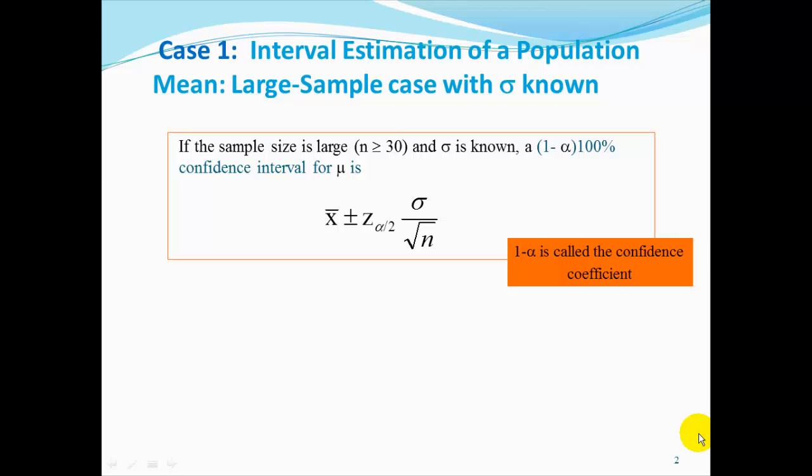The concept of whether sigma is known is often a point that confuses students. Knowing something about an entire population is huge information. Therefore, in a problem, they would always specify that the population standard deviation is known.